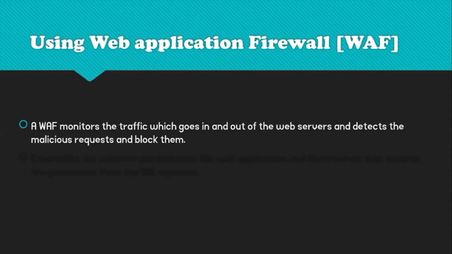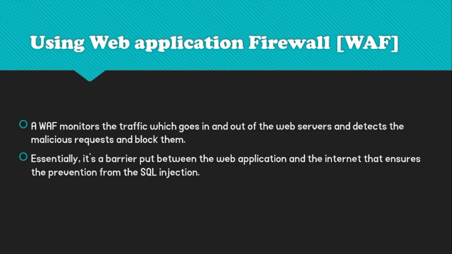So the WAF monitors the traffic coming into the web server. It will disallow that hacker from executing malicious inputs, and it acts as a barrier. In short, a web application firewall is just like a scanner or an antivirus. Just as you use different antivirus programs for your computer's security, this is a type of antivirus used online for the security of your web application.